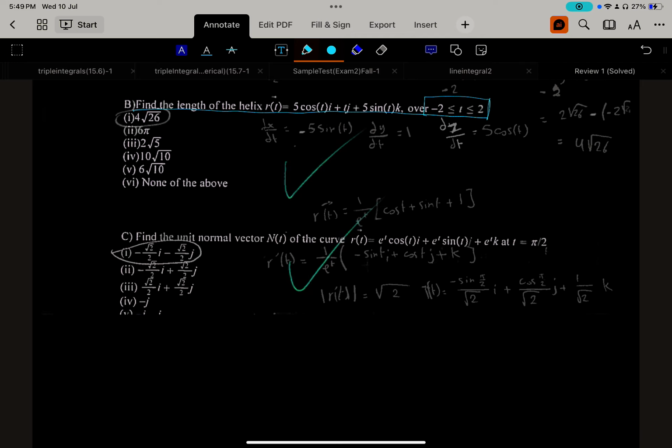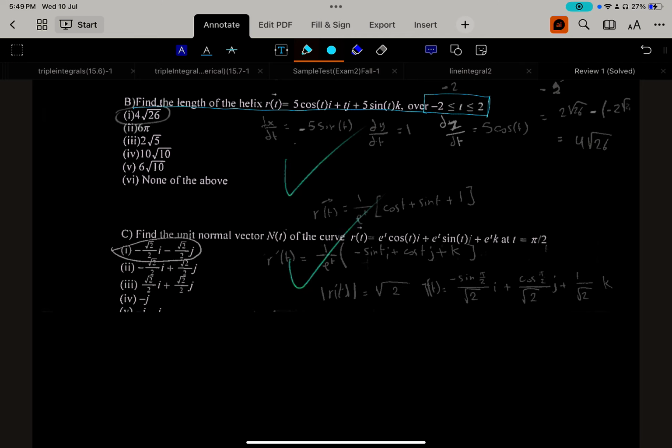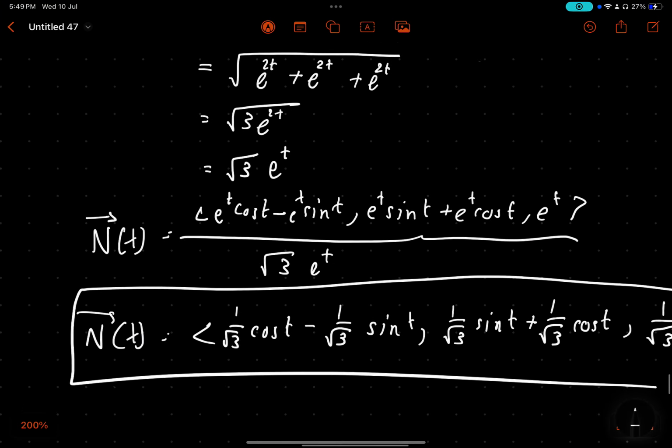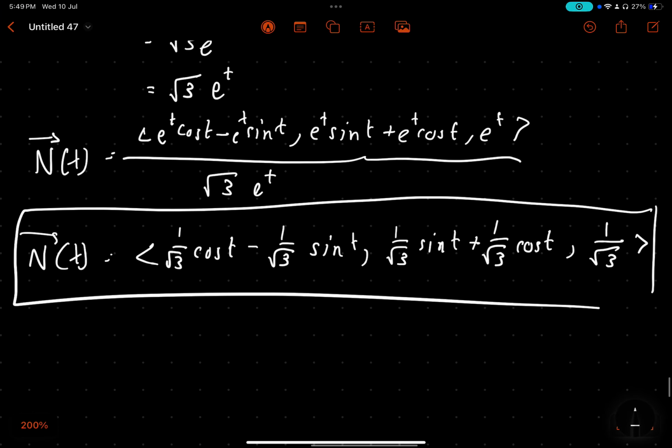Okay, we got something different. Why is that? I'm not sure. Oh, he wants us at t equals pi over 2. No, if we put in t equals pi over 2, what will we get?